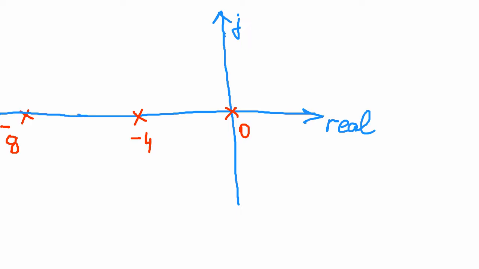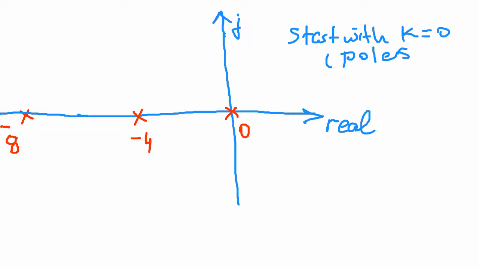So your journey is starting with k equals 0, which are poles. When you increase k, the curve is moving like this.